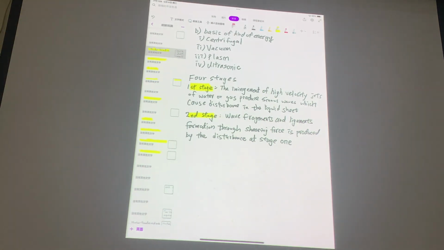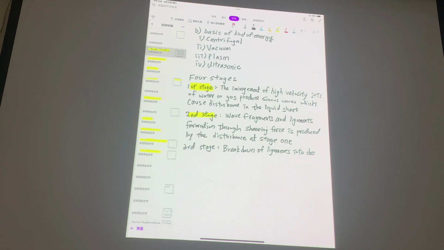Alright? So, third stage. So again, this is 4 stage. So, third stage is you have a breakdown of ligaments into droplets. Okay? So here comes the interesting part.